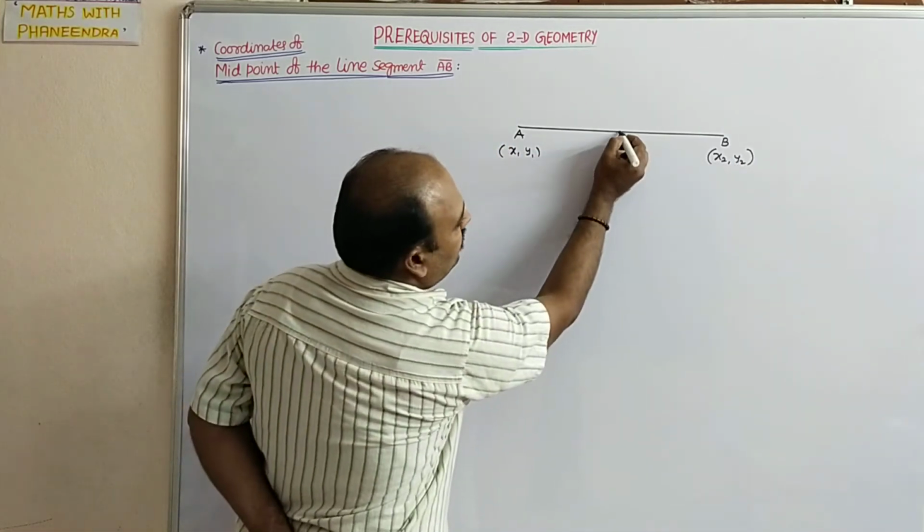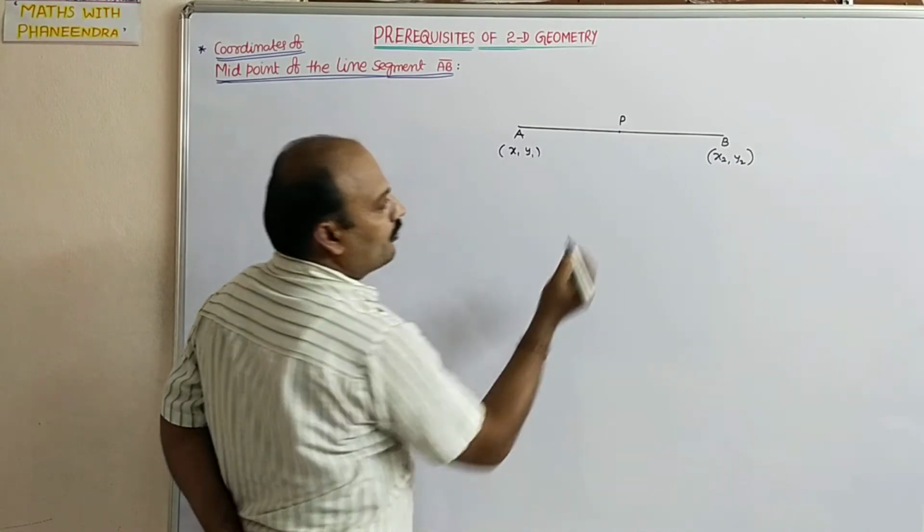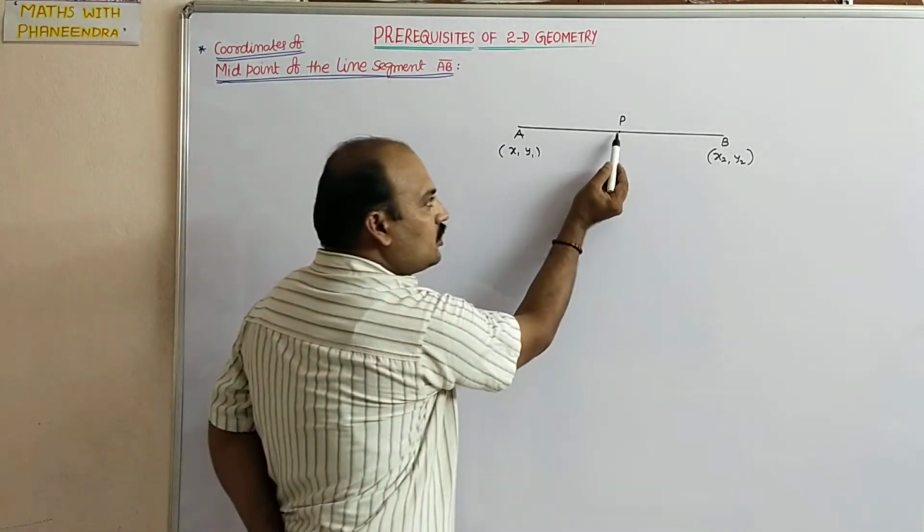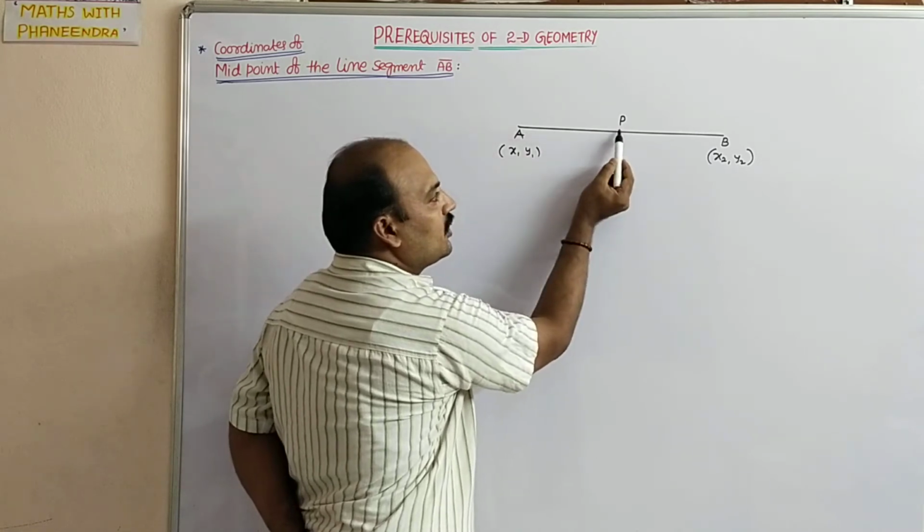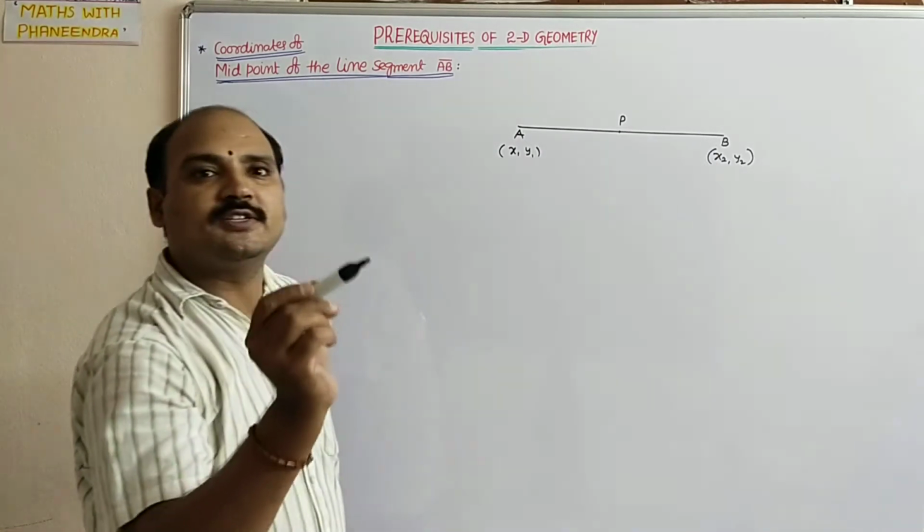So here P is the midpoint. Midpoint means the distance from here to this point and from here to this point is equal.